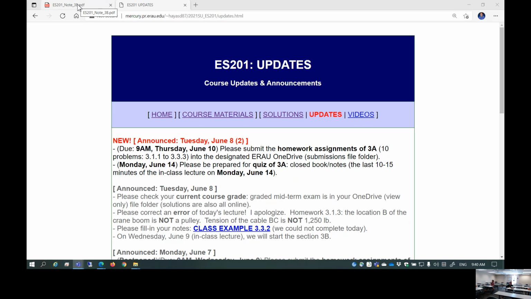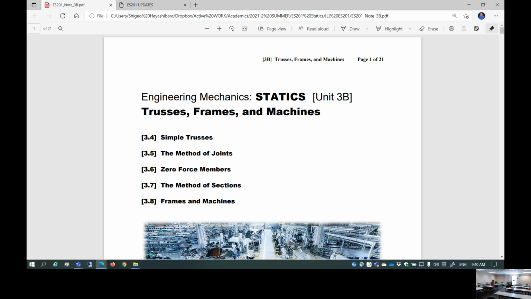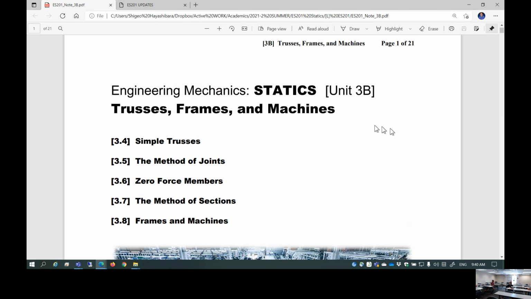So today, what are we going to do? We are going to get into Unit 3B, trusses, frames, and machines. I would safely say, if my memory from a long time ago is correct, this is probably the most challenging subject. When I was a student taking statics, I spent most of my time on trusses.